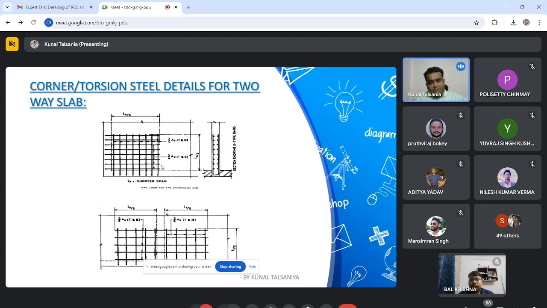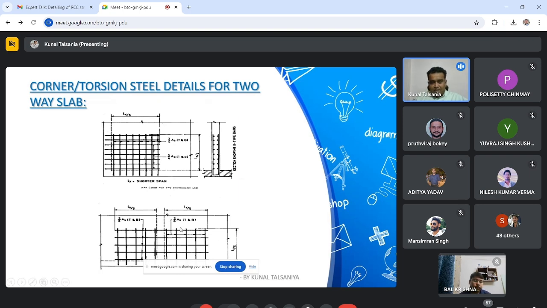So 3 by 4 of that maximum Ast provided is the area that has to be provided in top and bottom. They have shown that 3 by 4 of Ast is Ast provided, not required. This is Ast provided.